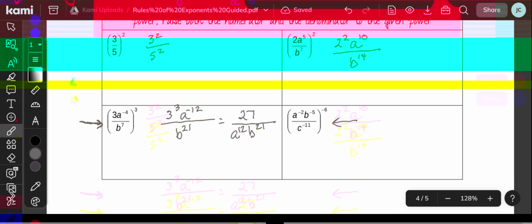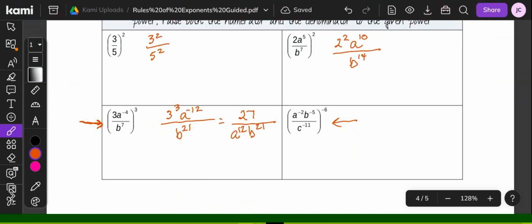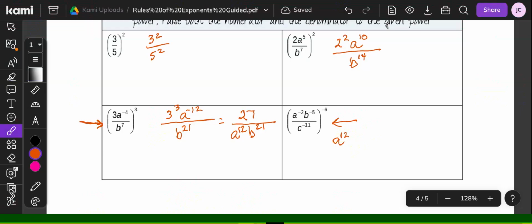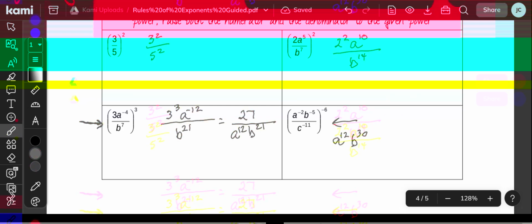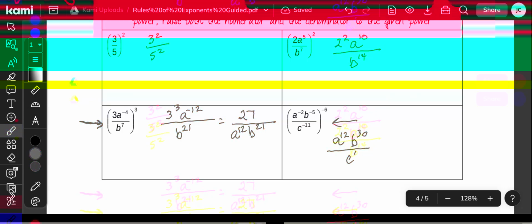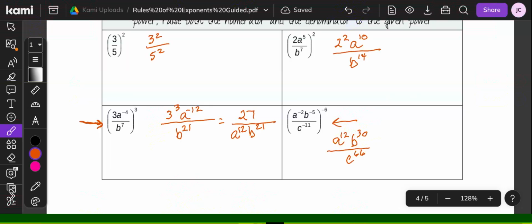And this other one, right, we've got a to the 12th, b to the 30th, over c to the 66th power. All good.